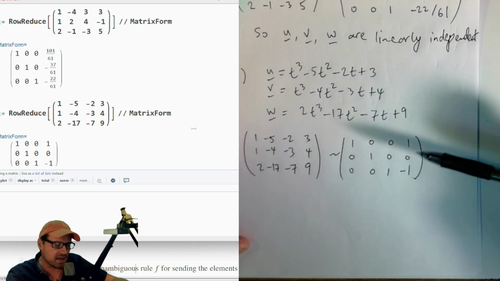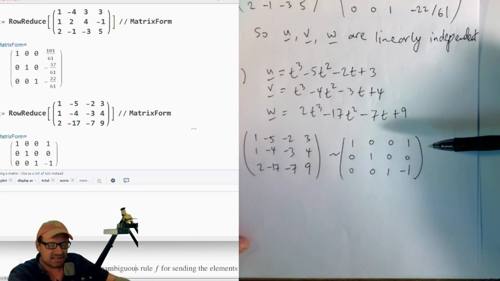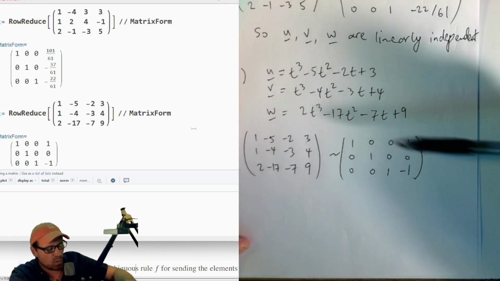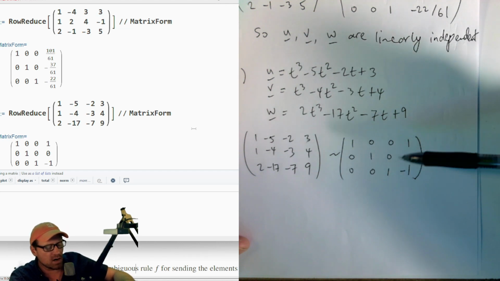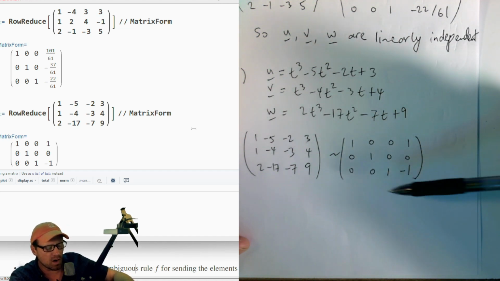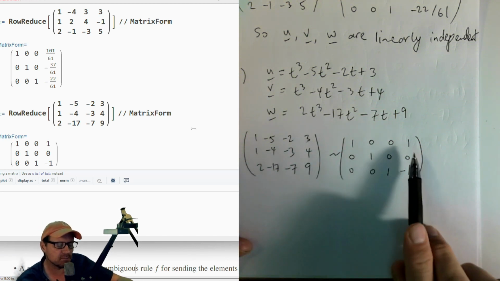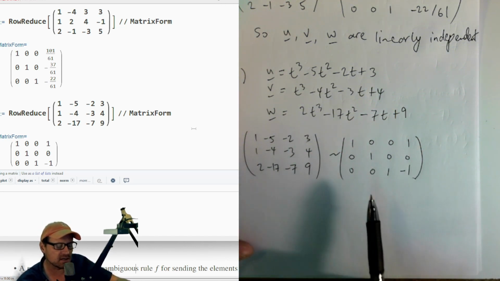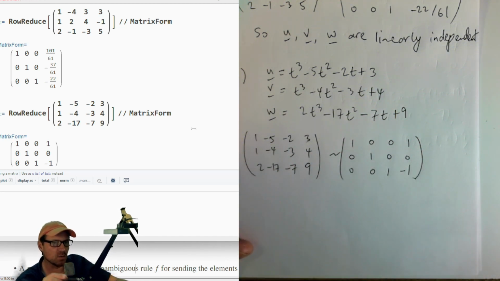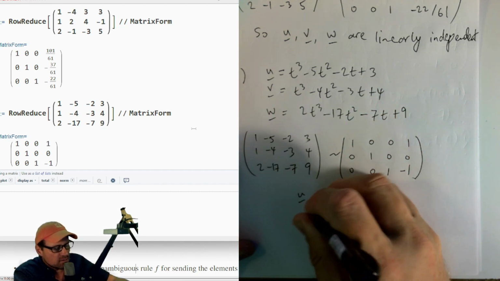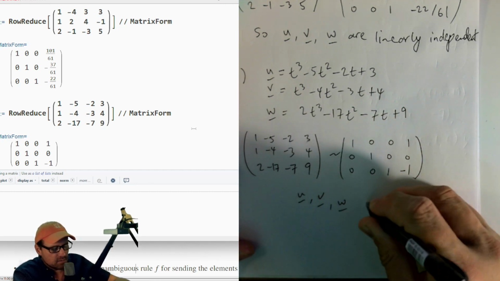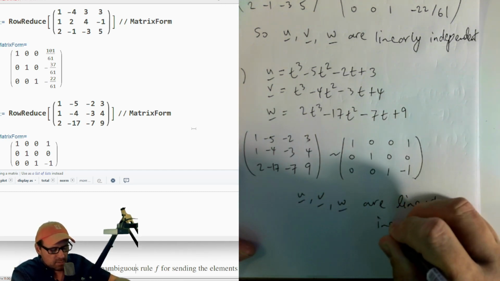So here we see that a reduced spanning set is spanned by the vectors 1, 0, 0, 1, 0, 1, 0, 0, and 0, 0, 1, minus 1, corresponding to polynomials t cubed plus 1, t squared, and t minus 1. So again, U, V, and W are linearly independent.